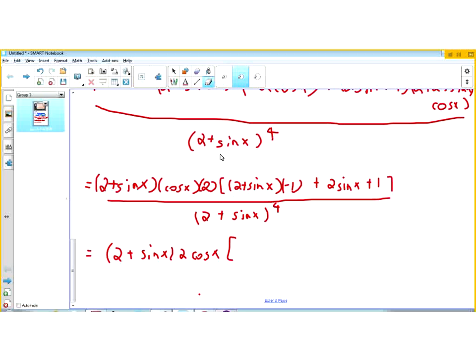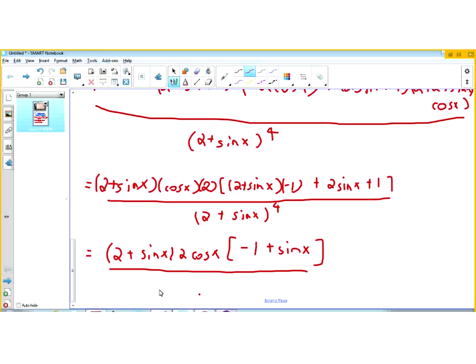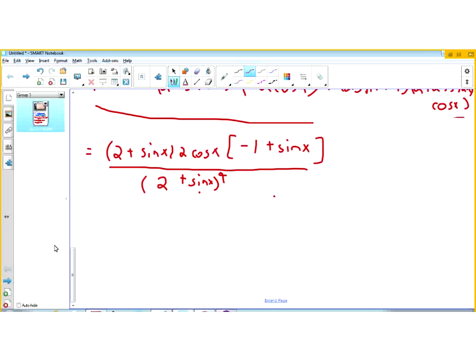That would be negative 1 plus sine x. Oh, okay, so we can send this factor to the bottom.